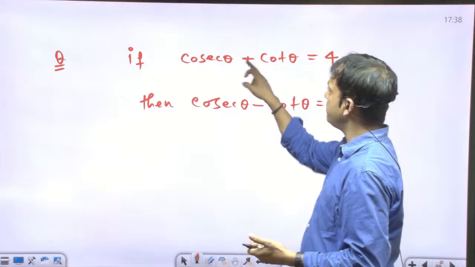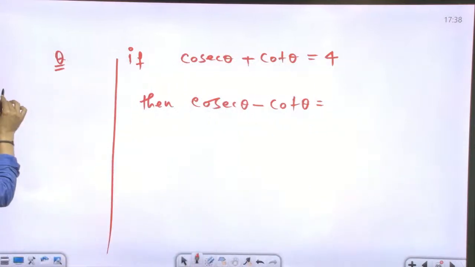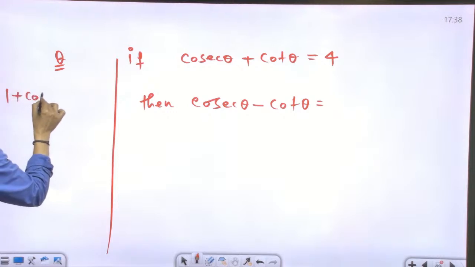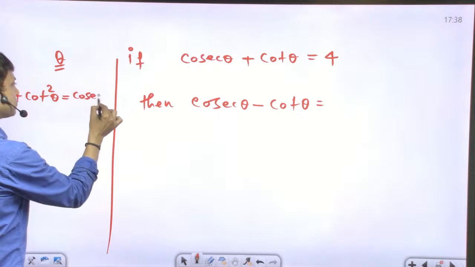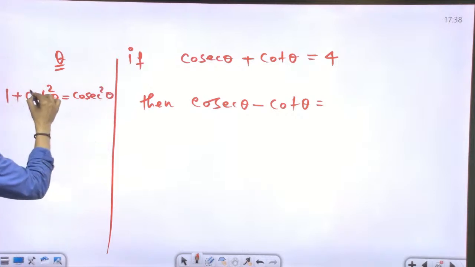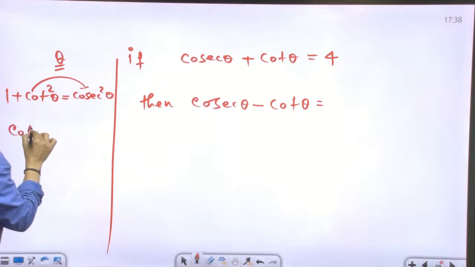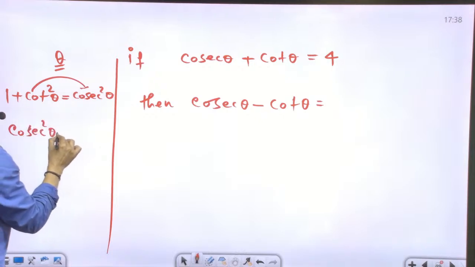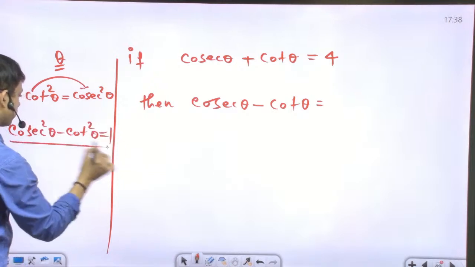The formula is 1 plus cot square theta is equal to cosec square theta. So cosec square theta minus cot square theta will be 1.